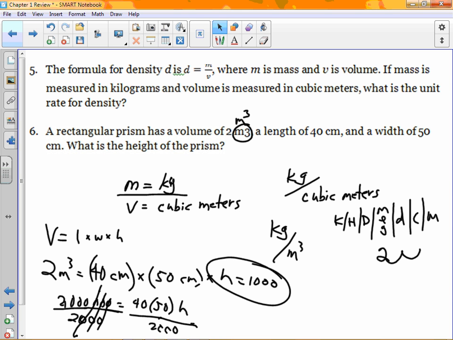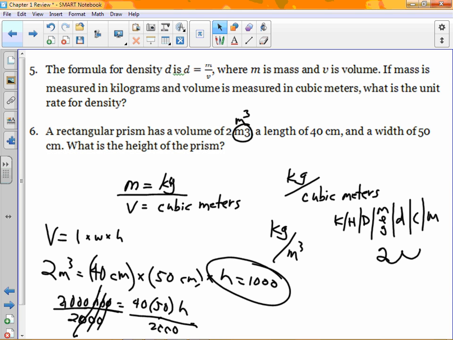A length of 40 centimeters and a width of 50 centimeters. Well, the problem is to come up with your answers, I can't put just 2 cubic meters right there. I have to put it in the same unit of measurement. So this 2 cubic meters, I had to change to cubic centimeters.